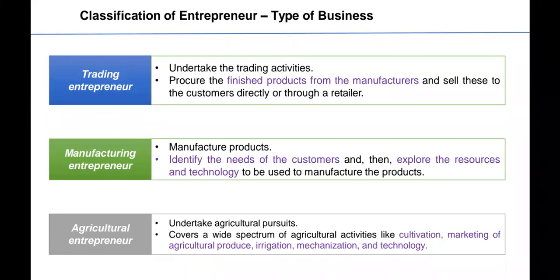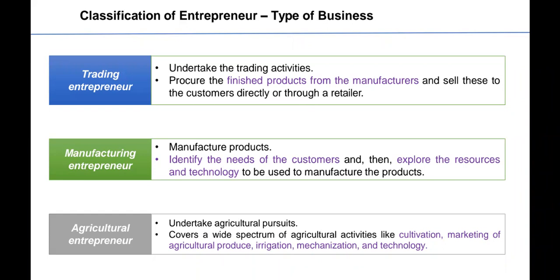Next is the manufacturing entrepreneur. Manufacturing entrepreneurs are those who manufacture a product, identify the needs of the customer, and then explore the resources and technology to be used to manufacture the product. First of all, they manufacture the product. Second, they need to identify the needs of the customer.